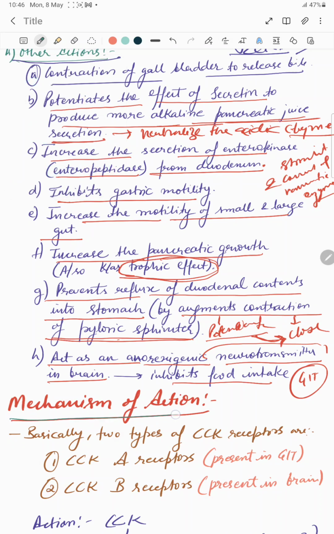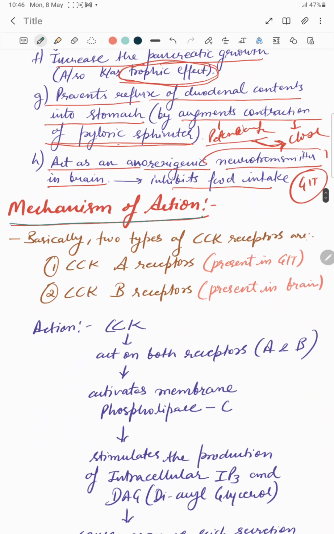Now come to the next part, that is the mechanism of action. Basically, two types of cholecystokinin receptors are present, A type of receptor and B type of receptor.